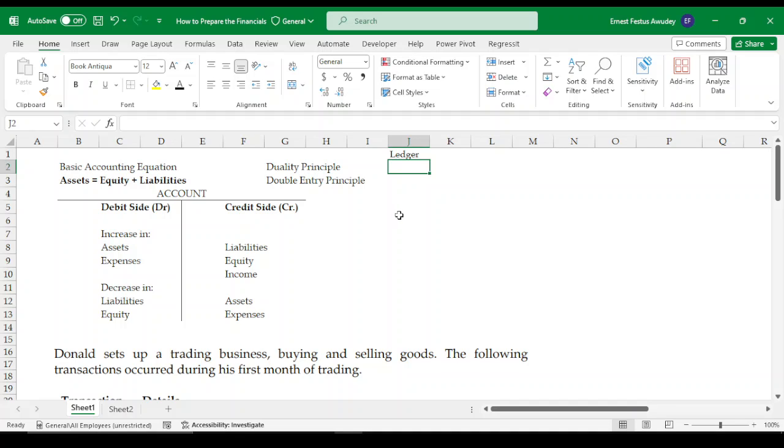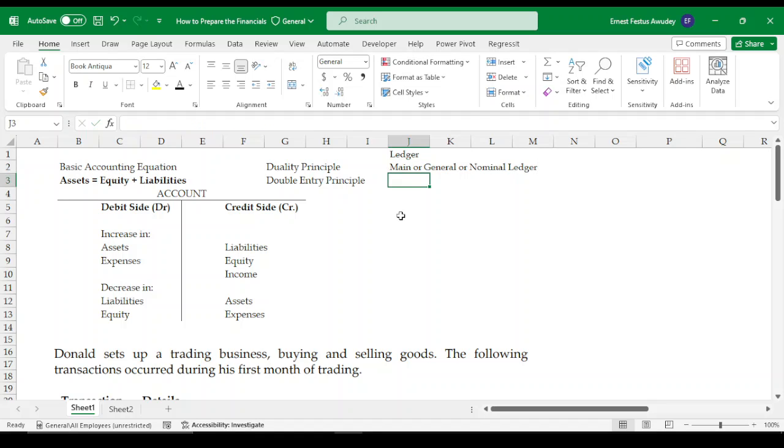So there are different types of ledgers in accounting, and there are three main types of ledgers. We have the main or the general or the nominal ledger, it has three names.